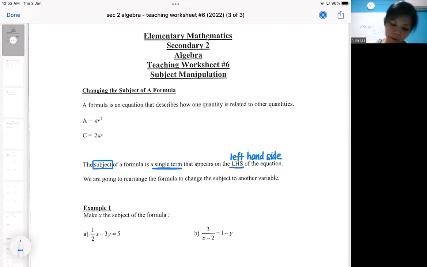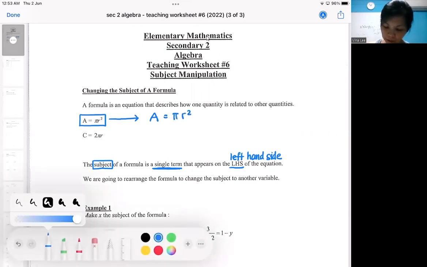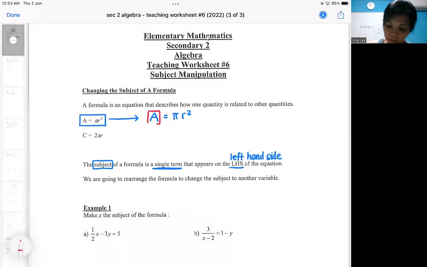For example, I'm sure you find this formula a bit familiar. This is the area formula. This is the subject. So the area is the subject, the main thing that we are concerned with.